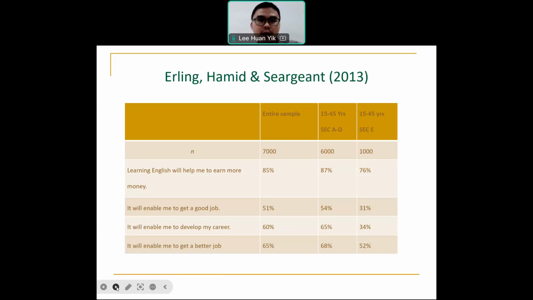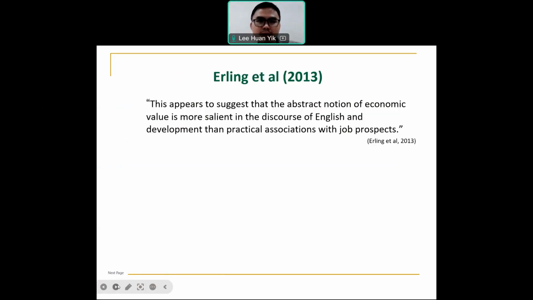Between the ages. And interestingly, when they grow older and older, some of them tend to be more skeptical about this, whether English actually helps you develop in your career or helps you get a better job and so on, or helps you earn more money. So that's something interesting. Okay, so it seems like it's easier to quantify that way, English associated with or equals more earnings or more development.